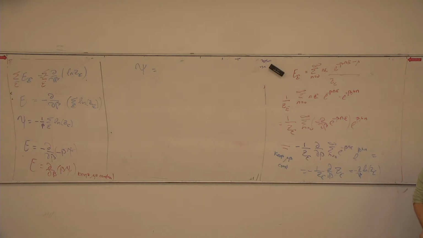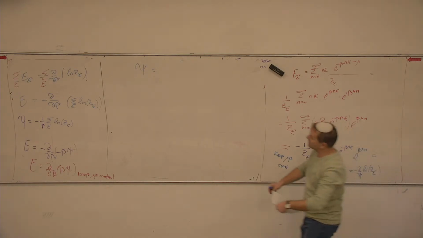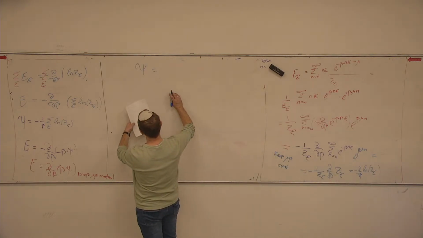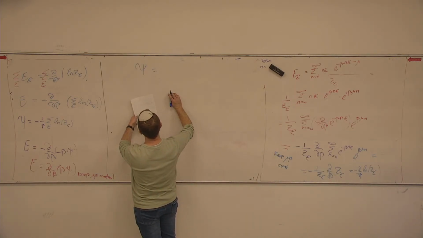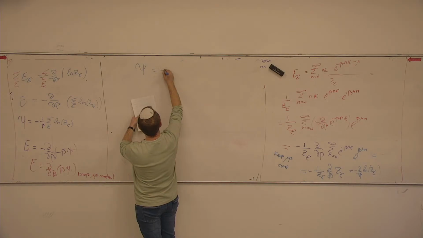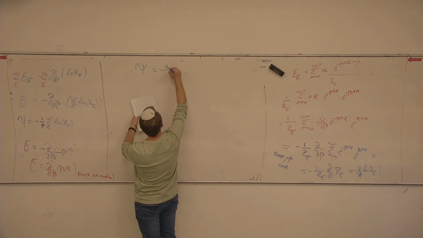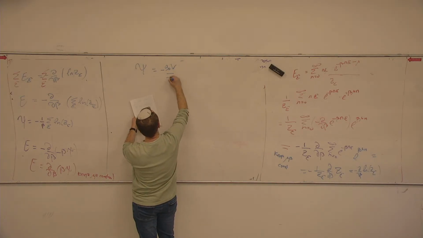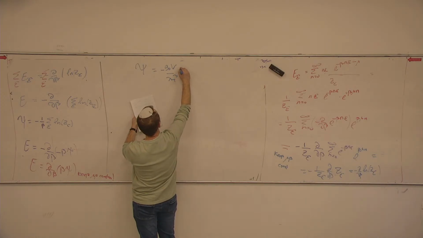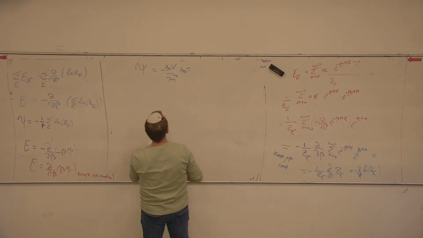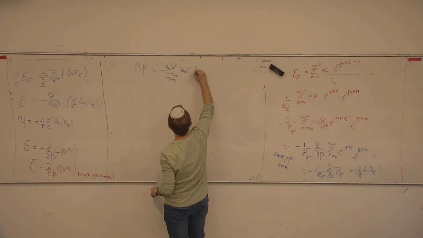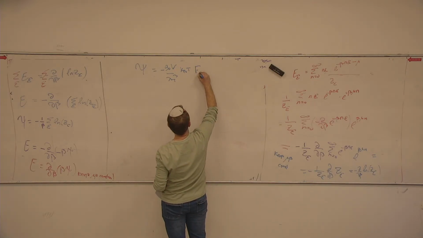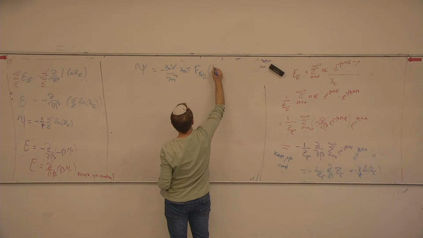I remember the n. Okay, so it was, could it be, I don't have it. 2/3. So I have g0 V over lambda_T cubed, k_Boltzmann T, yeah, sounds okay, f_{5/2} of the fugacity.